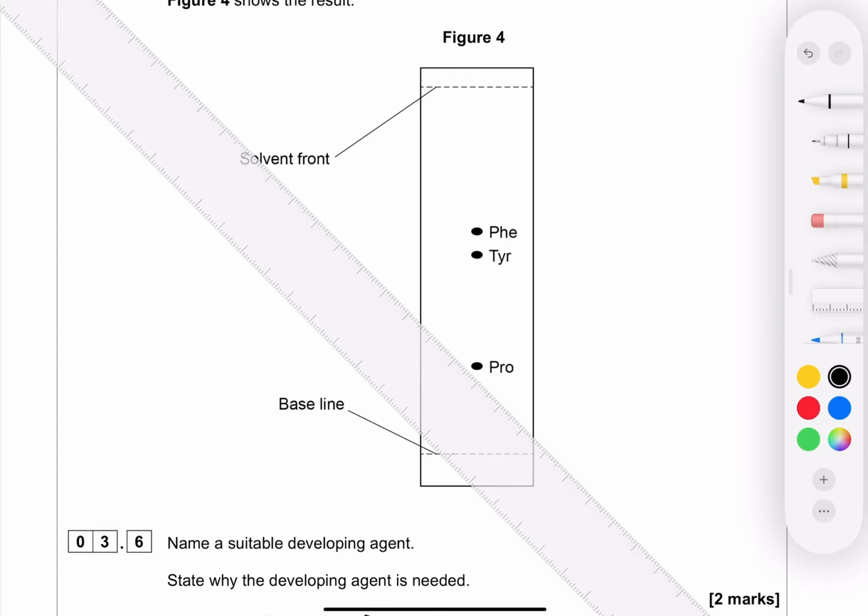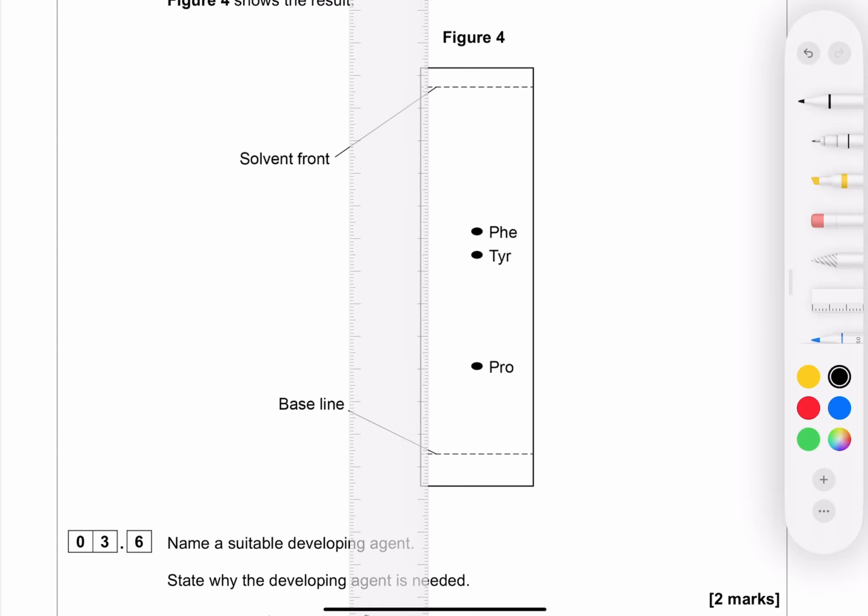Although my screen is a different size to your piece of paper and my ruler isn't necessarily measuring in centimetres, you'll get the same ratio, so the same Rf value. On mine, I've got 1, 2, 3, 4, 5, 6, 7, 8, 9, 10, 11.25 as our bottom line.